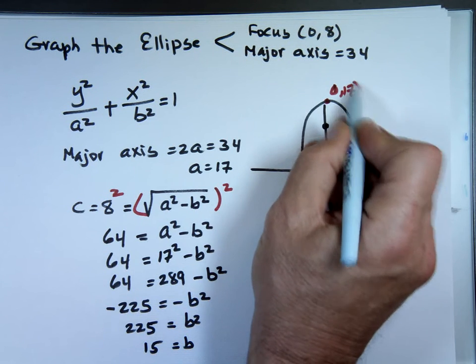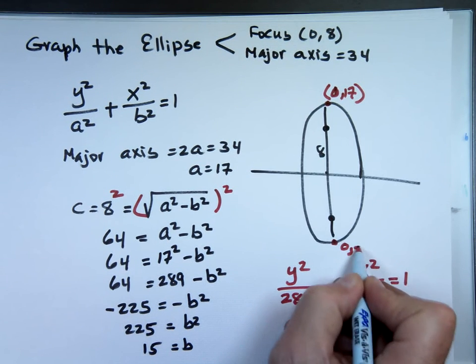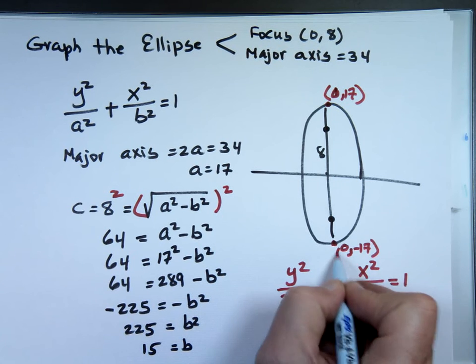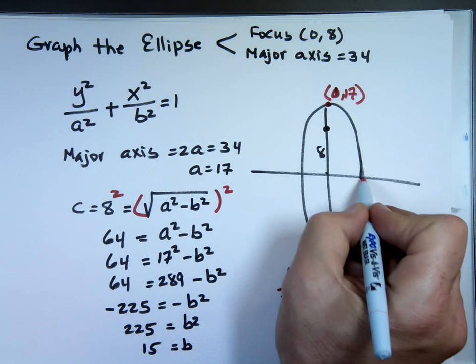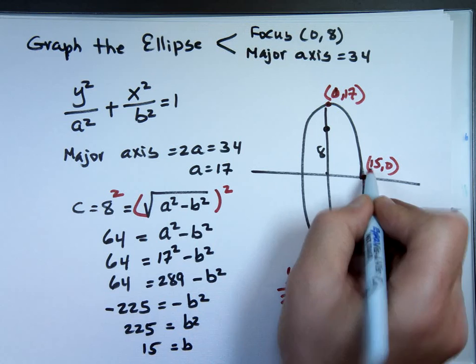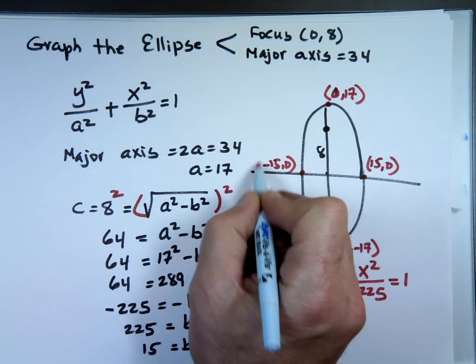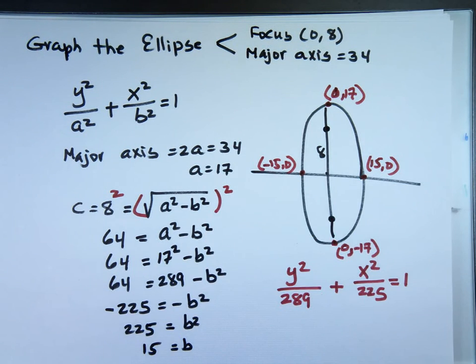That's a. This is 0, negative 17. This one is 15, 0. This is negative 15, 0. And that's everything about this one.